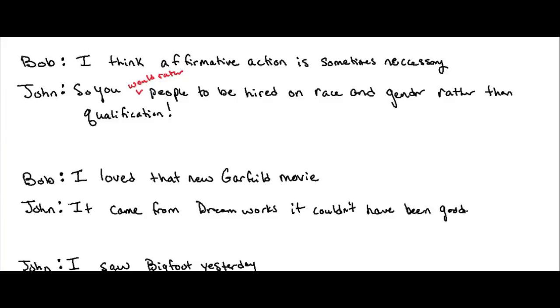Bob states a certain position, and John sums it up to a point where Bob isn't even going to agree with it. It's an assertion put forth that has some unfair assumptions built into Bob's position. And the whole point of creating this straw man fallacy is so that you can knock it down more easily. But if the person you're debating against doesn't even agree with it, what's the point? So this is the straw man fallacy.